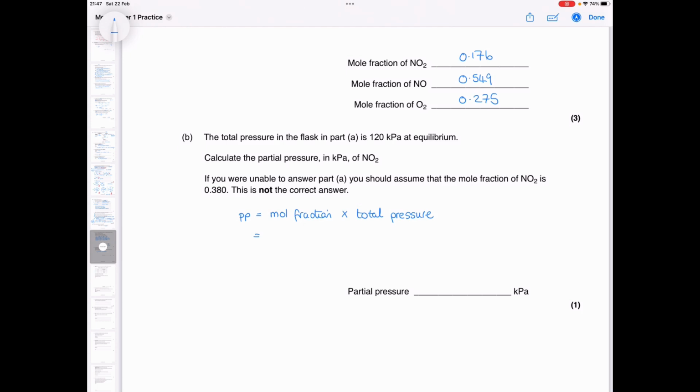So that for NO2 is 0.176 multiplied by the total pressure, which is 120. And that comes to 21.12 kilopascals.